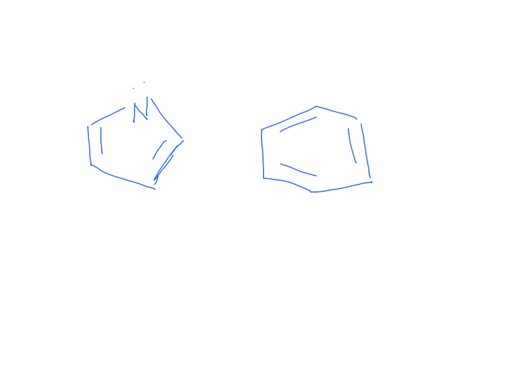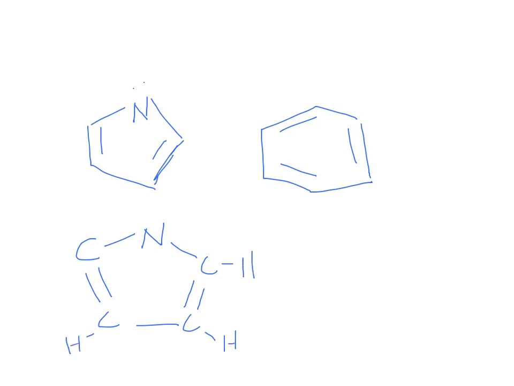Structurally, you've got a carbon here, a nitrogen, another carbon, a carbon here, another carbon, and a double bond here and a double bond here. Coming off each one of these is a hydrogen. And as I was telling you, you have 2 lone pairs of electrons there.